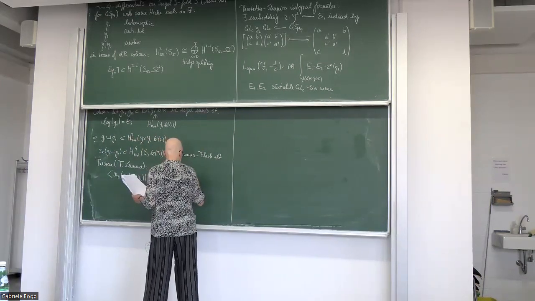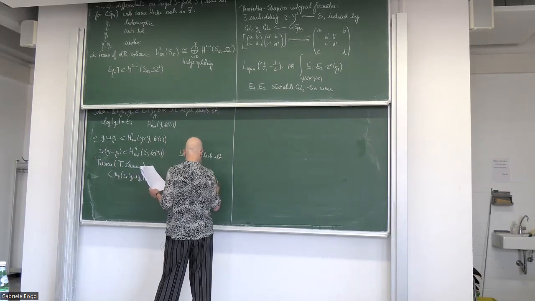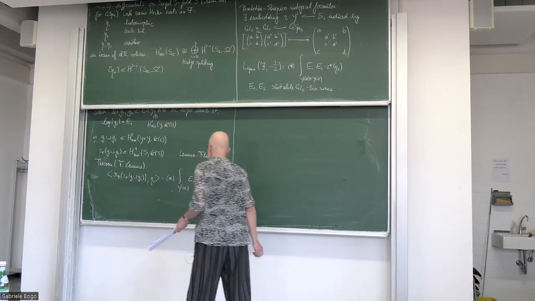So we get E1, E2 times the pullback of eta1.